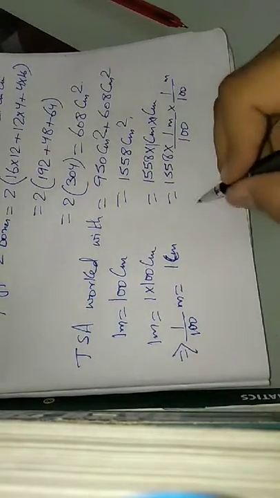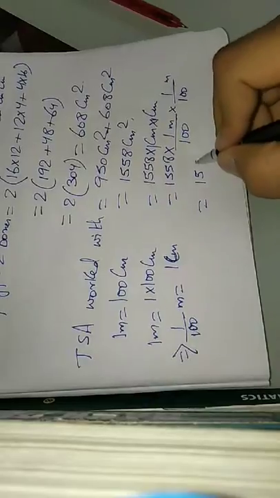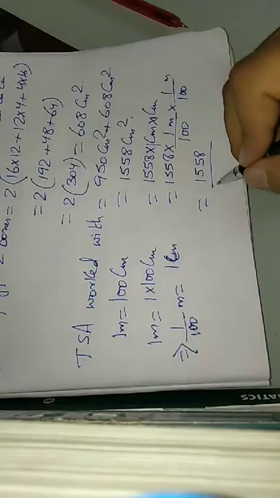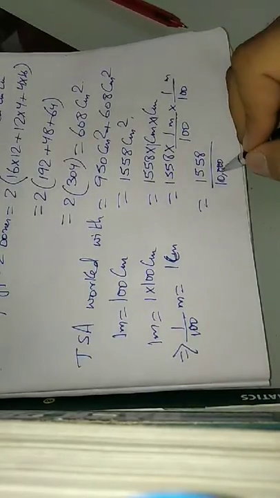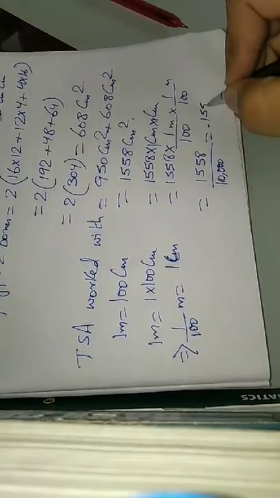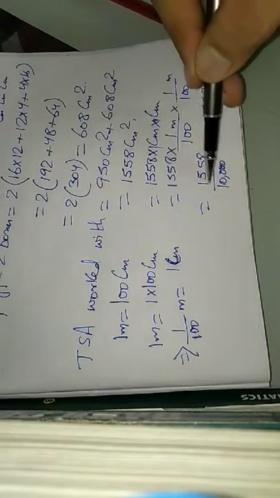So this is 1558 by 100 into 100, which is 10,000. 1, 2, 3, 4. So it's 0.1558 meter square. So whenever you need to convert centimeter square to meter square, you need to divide that number by 10,000.